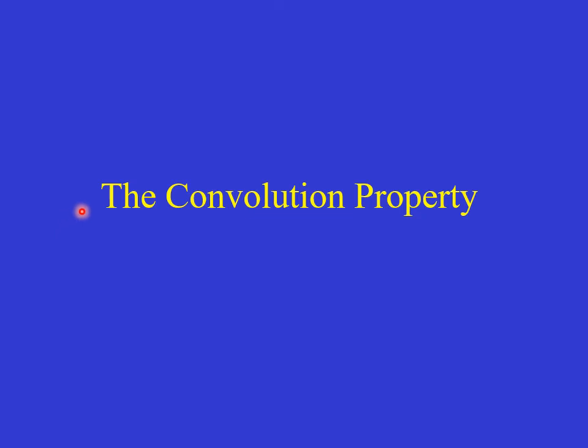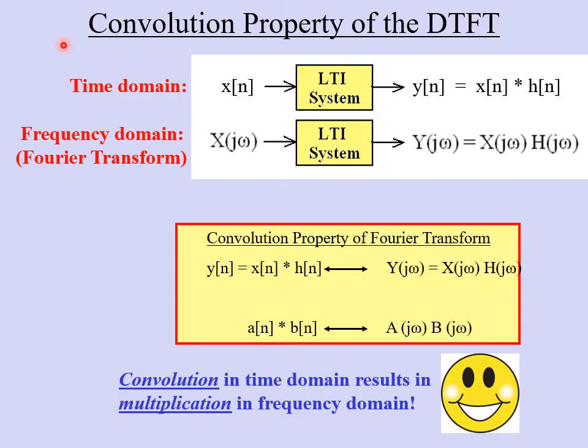Let's take a look at the convolution property. And again, this is going to mirror exactly what we did in chapter 4. So this is the convolution property for the discrete time Fourier transform, just like we did for the continuous time Fourier transform in chapter 4. So in the time domain, we have our standard diagram: here's our system.